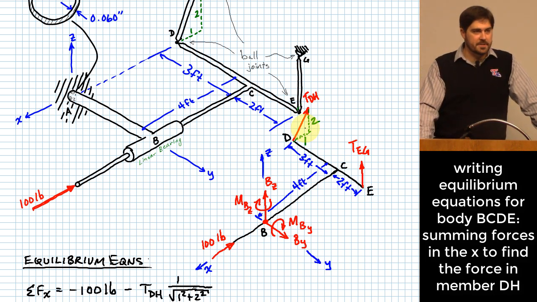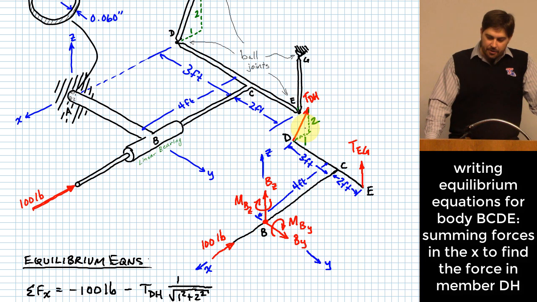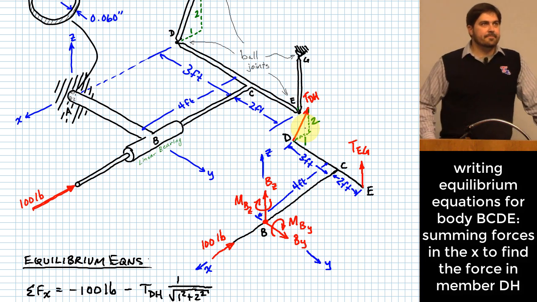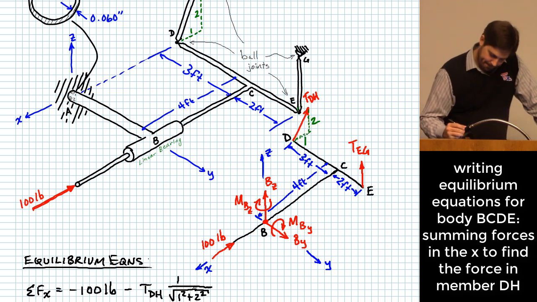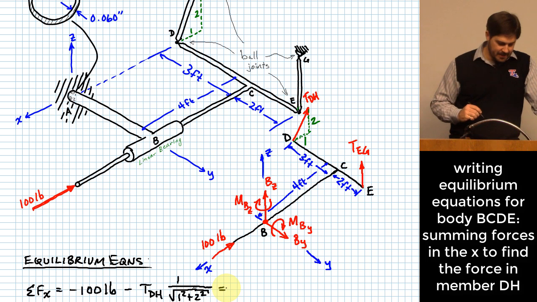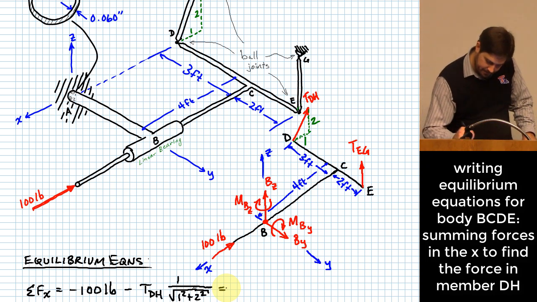It's basically similar triangles that is the theory behind why that's okay. Any other forces along the x direction? I don't see any. So once I calculate all of this, it ends up giving me that TDH is equal to negative 223.6 pounds.